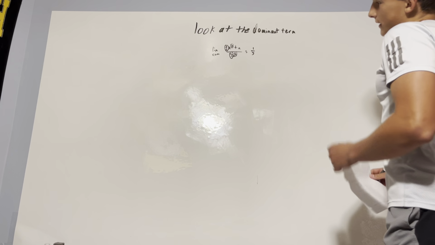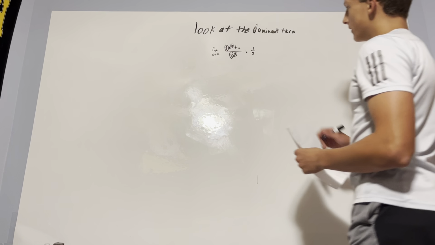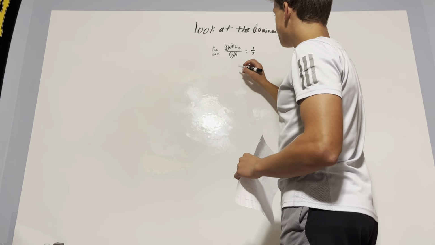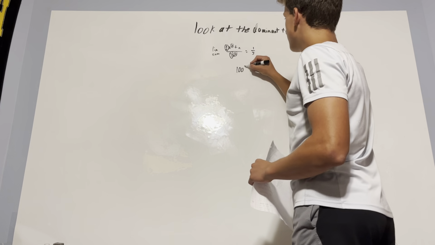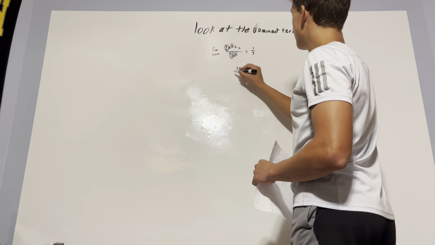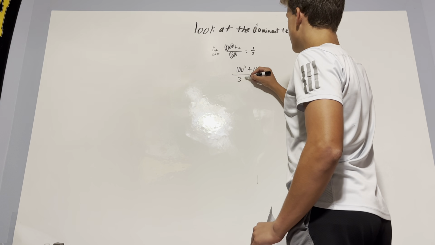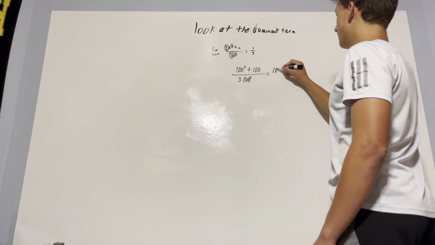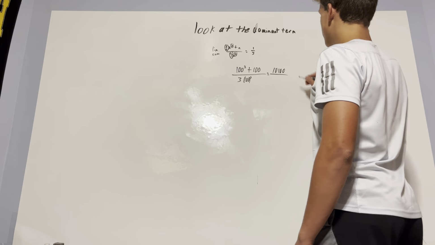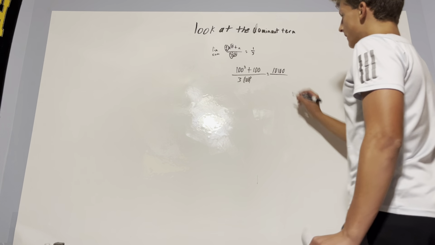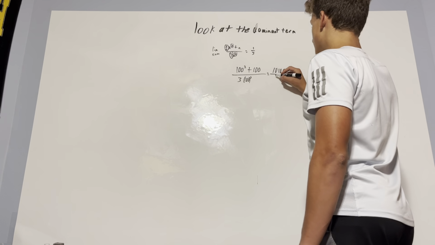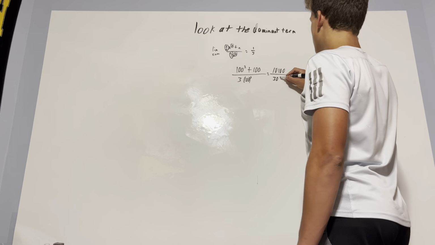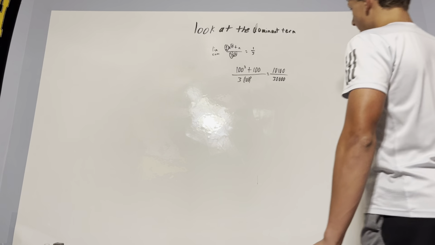And you could look at this again intuitively. Say we have 100 squared plus 100 all over 3 times 100 squared. So we'll have the same thing, 10,100, and then on the bottom we are going to this time have 30,000.